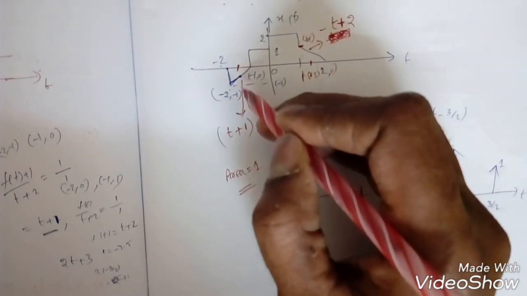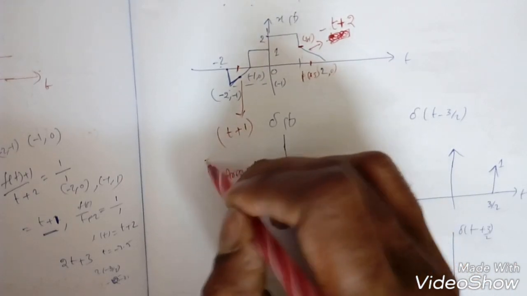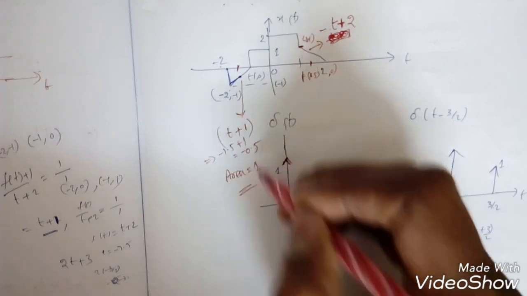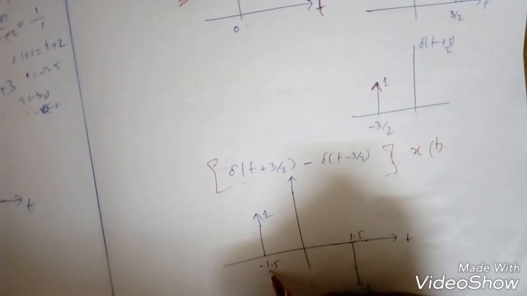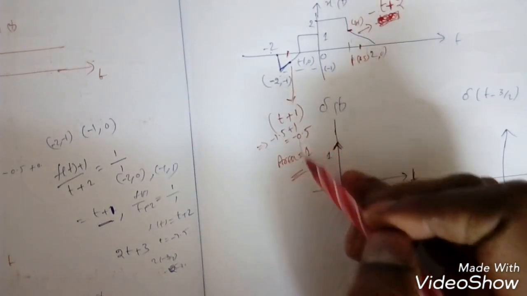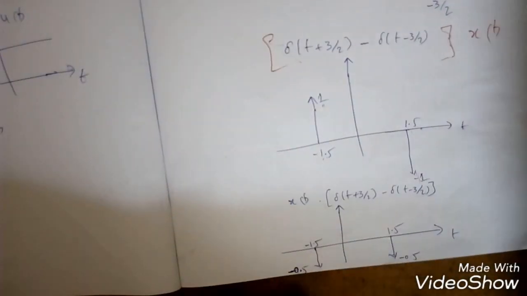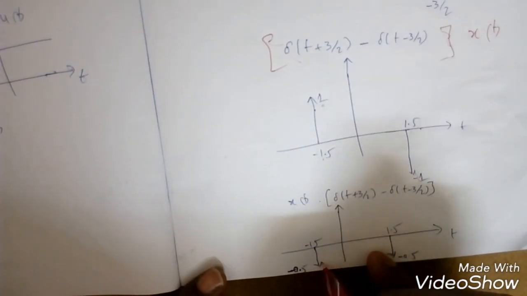Now we know that t plus 1 at t equal to minus 1.5, minus 1.5 plus 1, what is the amplitude? Minus 0.5. So if I multiply with delta t plus 3 by 2, at minus 1.5 we got 1, but here we got minus 0.5, so minus 0.5 into 1, we'll get area as minus 0.5.